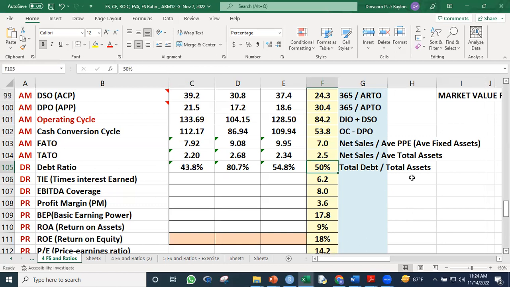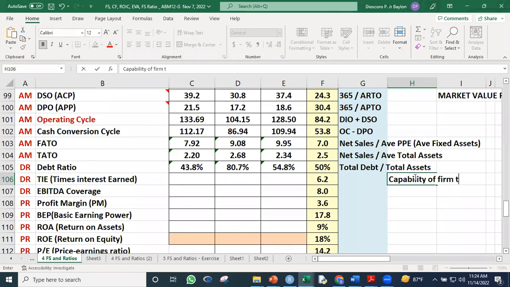All right, now let's go to another debt ratio, which is times interest earned. The times interest earned ratio tells us the capability of the firm to pay its interest obligations.